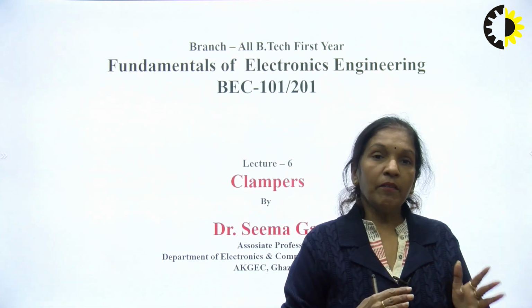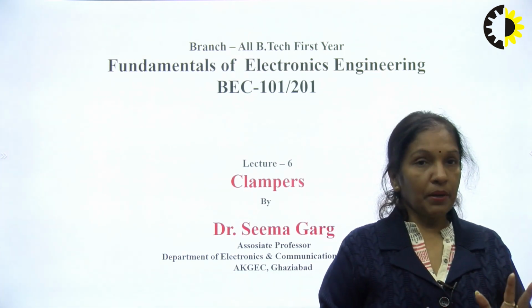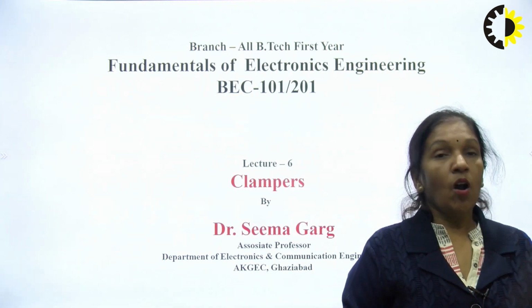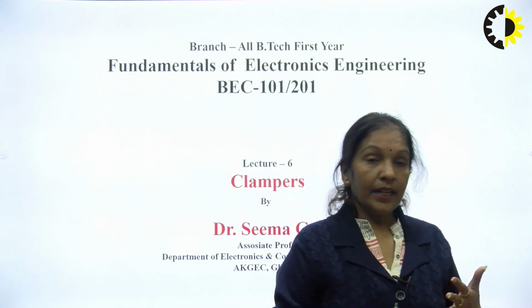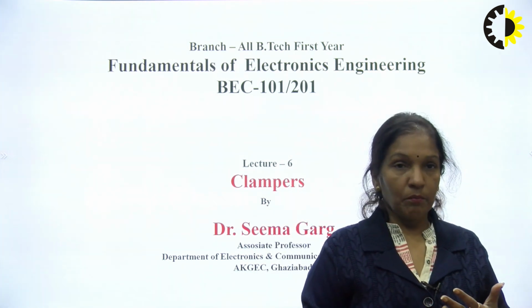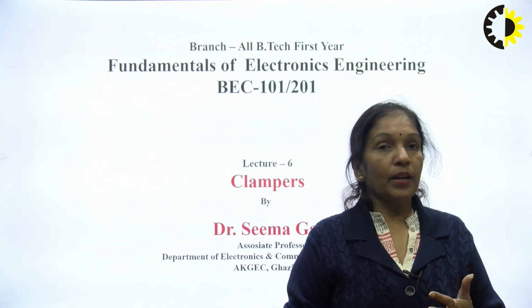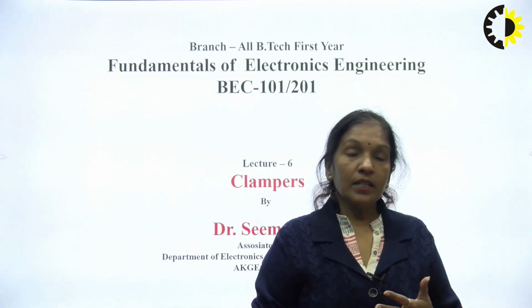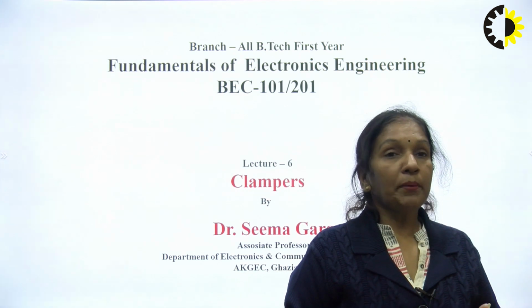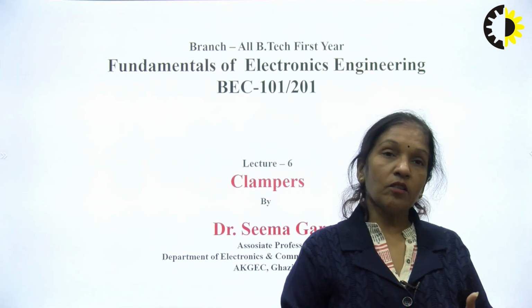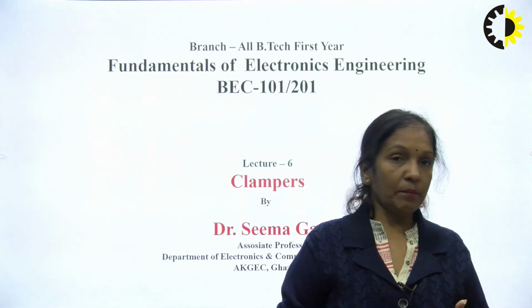There are five important points which we have to keep in mind while doing the analysis of the clamper circuit. First, it consists of three components: capacitor, diode and resistance. Second, it shifts the DC level. Third, the peak to peak voltage in clamper circuits remains the same.